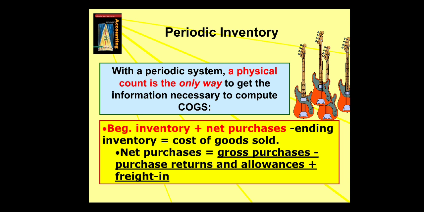Okay, so see the blue box. With a periodic system, a physical count is the only way to get the information necessary to compute cost of goods sold. So when the business wants to calculate cost of goods sold, it has to use the formula in the yellow box: cost of goods sold equals beginning inventory plus net purchases minus ending inventory.